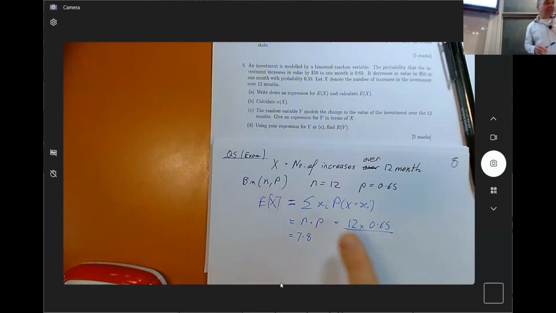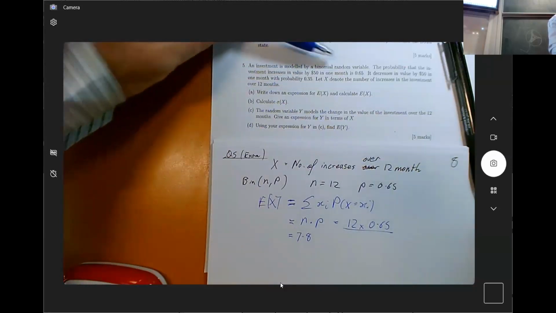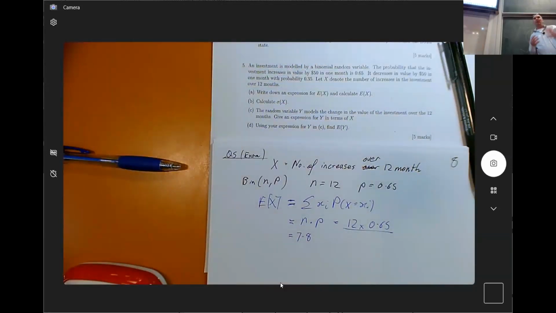We should possibly pause for just a second. This is modeled by a binomial random variable, and whenever we're talking about something like that, there are things that we assume. For it to be binomial, my events must be independent. So we're saying the probability I went up in this month is independent of the probability it went up in any other month. The probability that I go up in any given month is the same across all of my months, and there's a fixed number of trials.